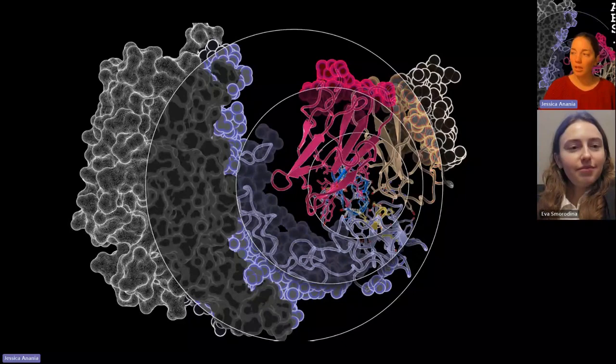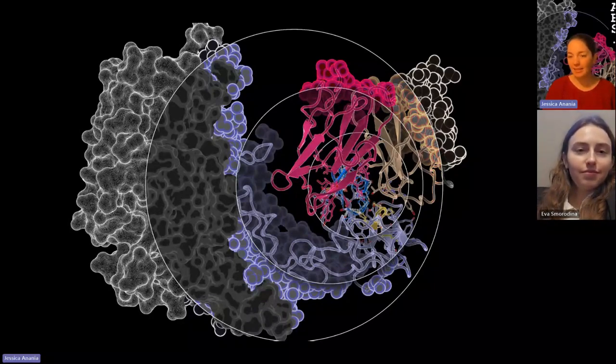Interesting. So to bring it back to your image, you mentioned the loops. Have you noticed in different antigens that they need to fold differently? Is there any pattern that you've observed with, say, HER2 versus a different cancer target?